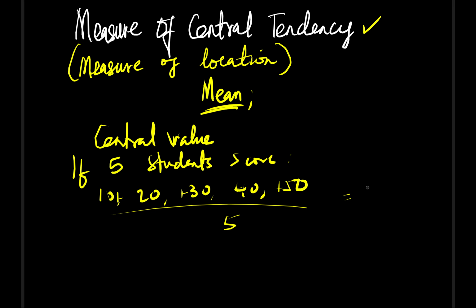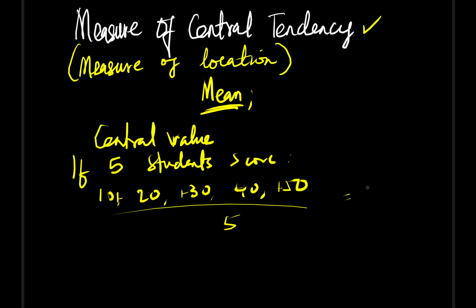Does that make sense? In other words, measure of central tendency can be thought of as a measure that gives the location, meaning the location of the center of any given data.